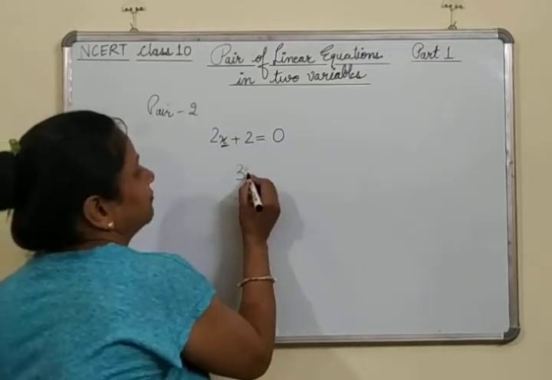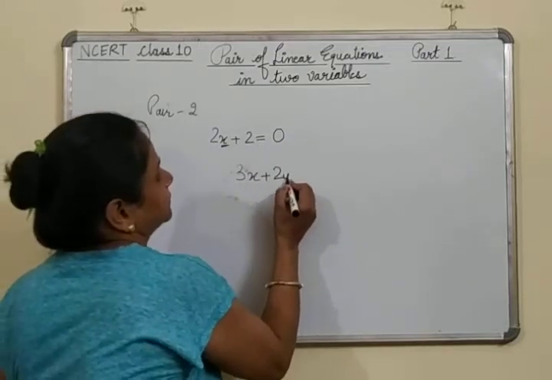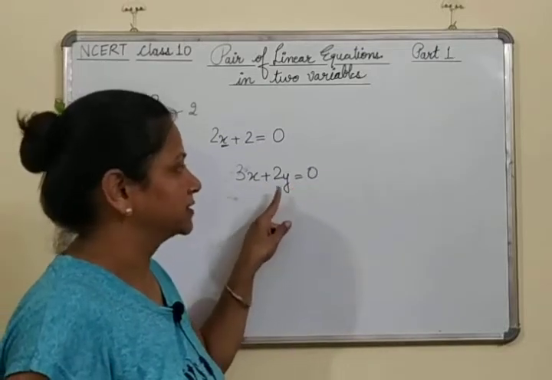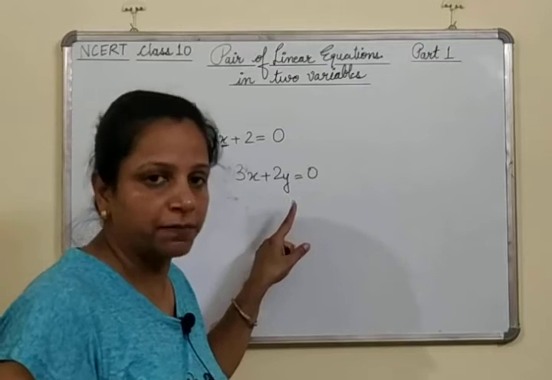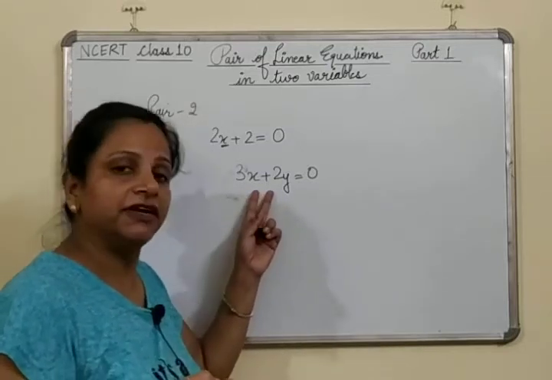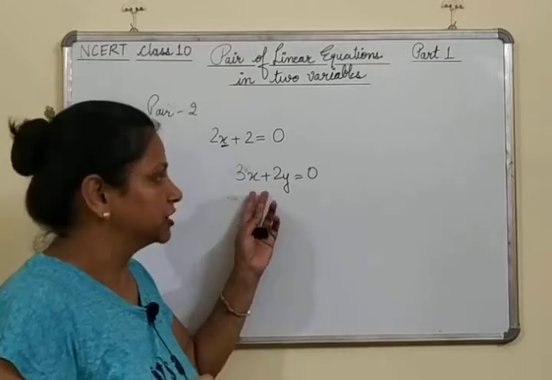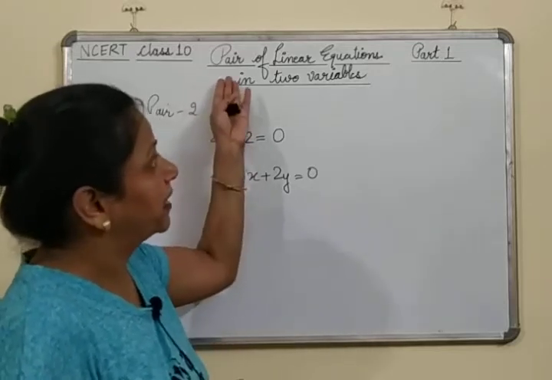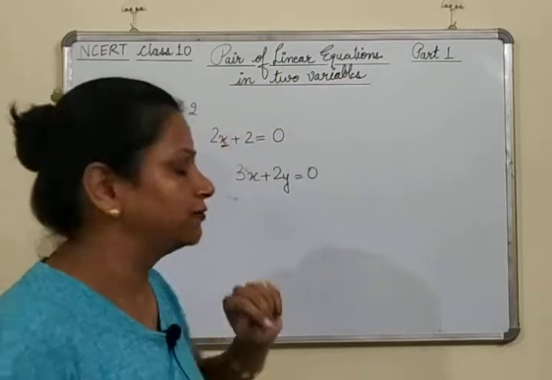Say for example, if I write like this, then this becomes linear because the exponent, or the power, or the degree of the equation is 1 for each, and there are two different variables, right? So this becomes a linear equation in two variables. And here we have a pair of linear equations. That means we should have two equations together.